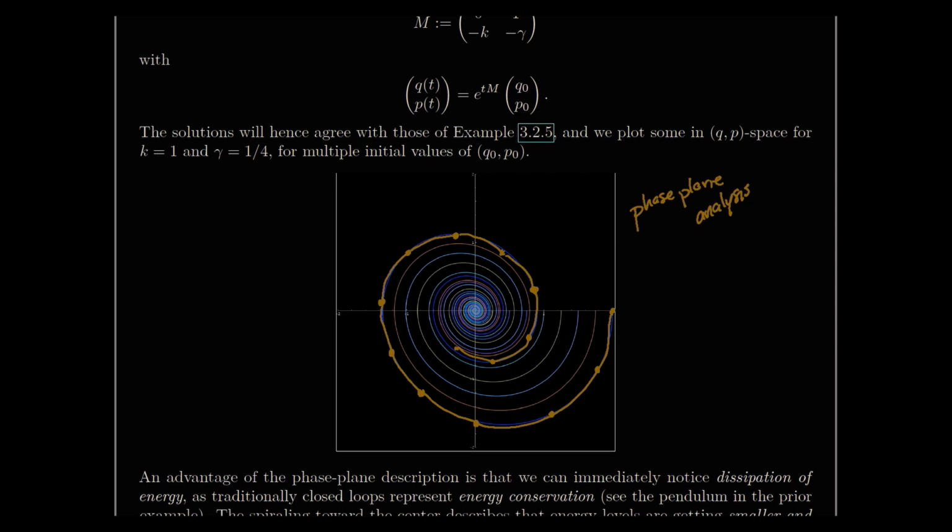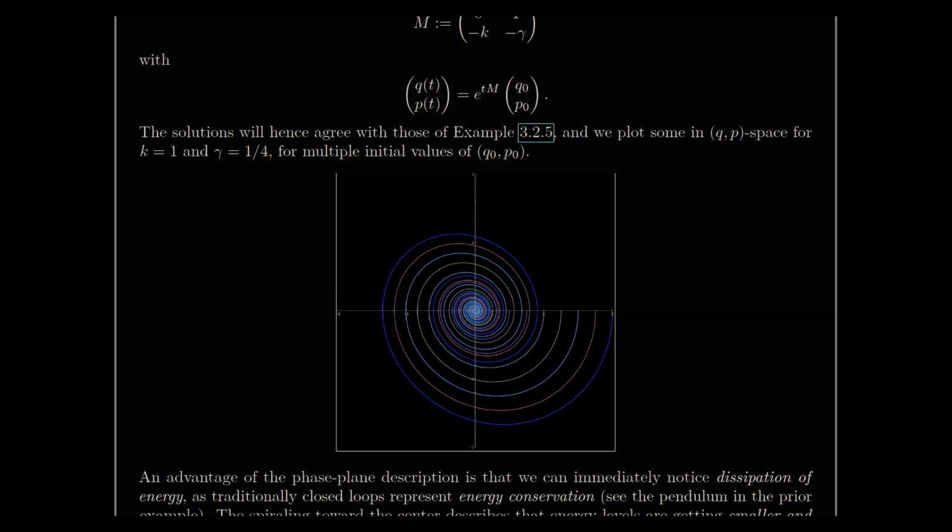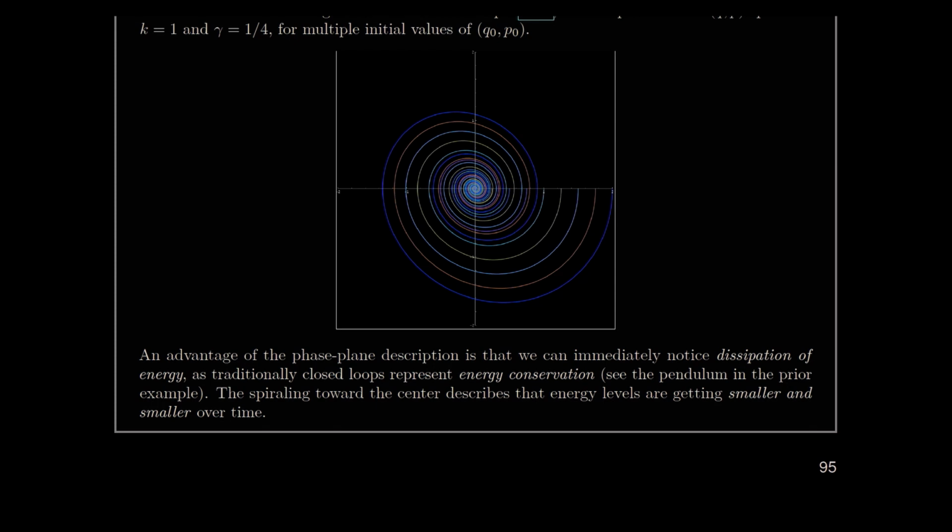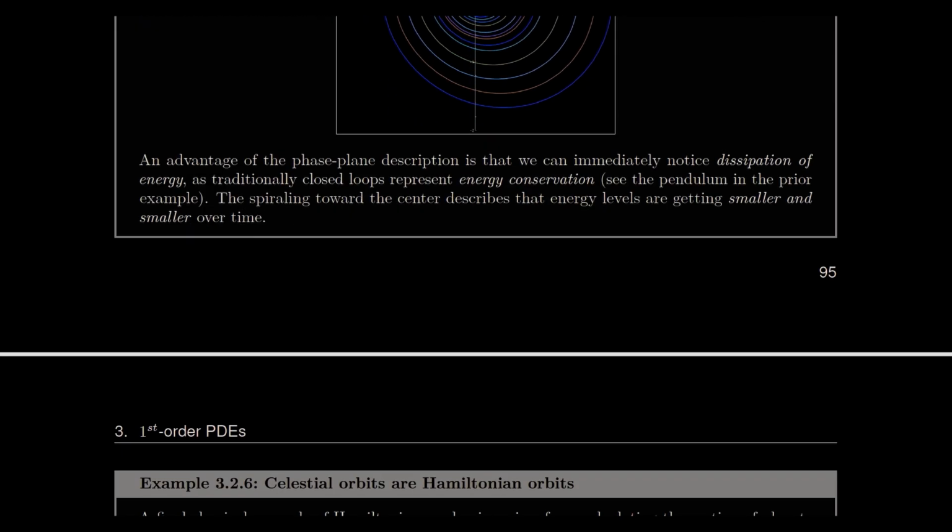Until eventually friction is pulling me towards equilibrium in the center. So this is the phase plane analysis of the harmonic oscillator with friction that we can derive using Hamiltonian systems and Hamiltonian mechanics. And so you can immediately see when you have something like energy dissipation in phase plane analysis, or just with a Hamiltonian system in general, if you end up solving it.